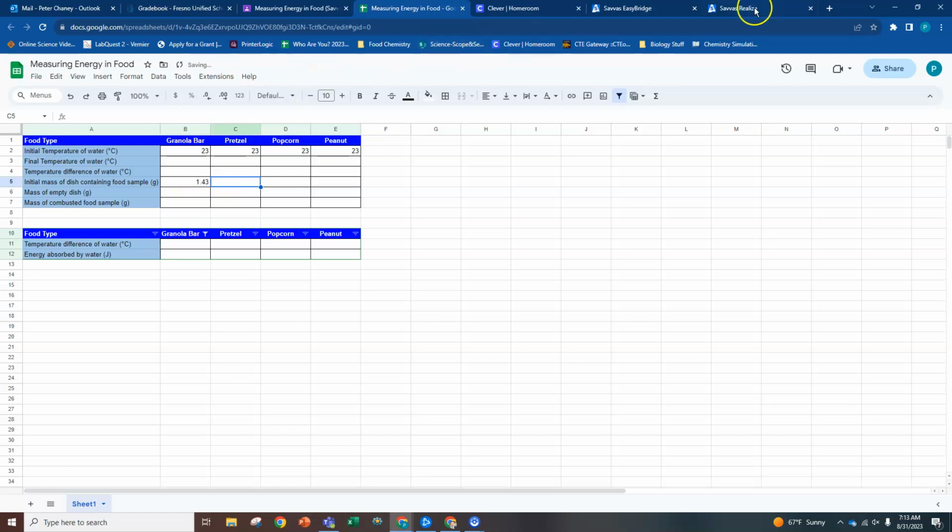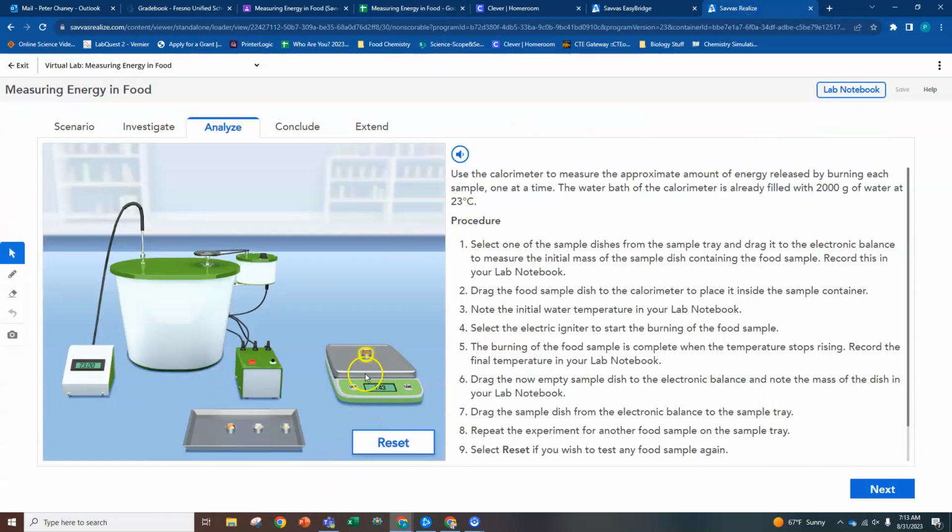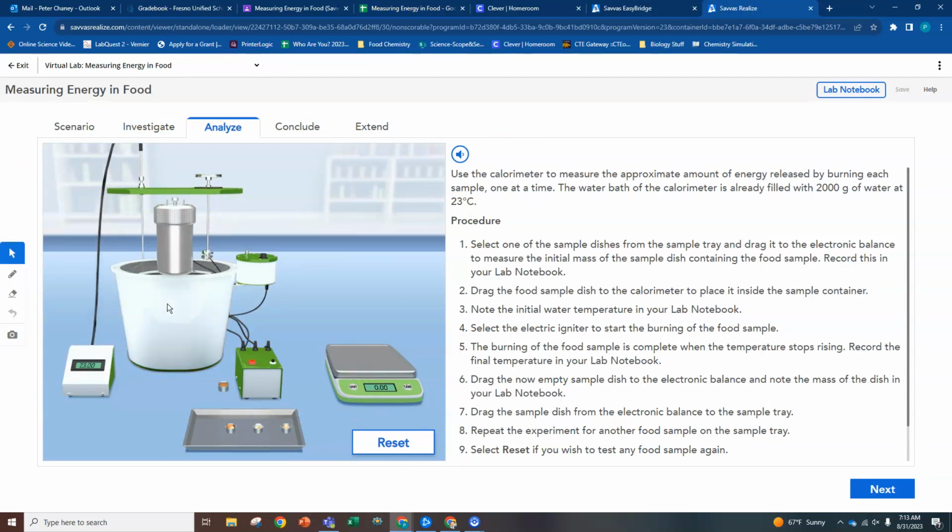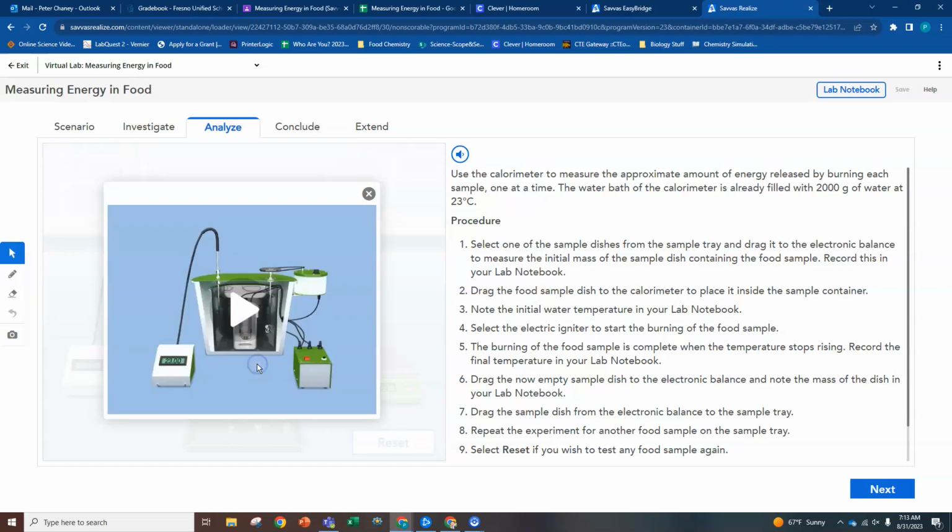Then we transfer it to the calorimeter and turn it on. It'll simulate burning the food, and the energy is transferred to the water and raised it.